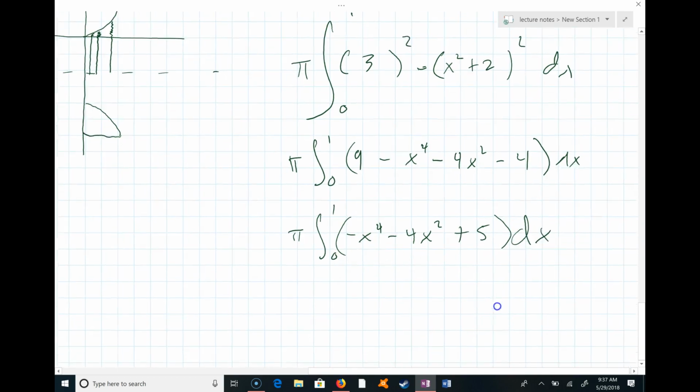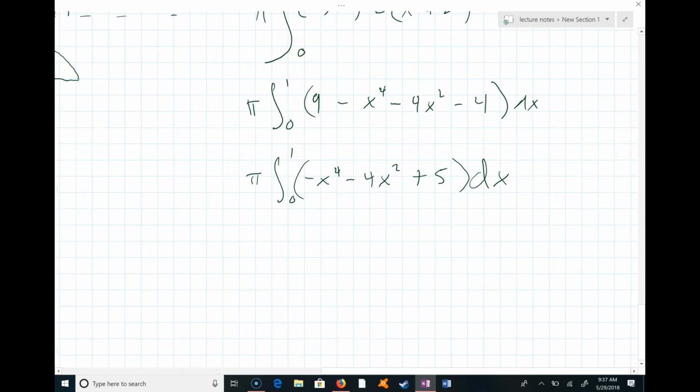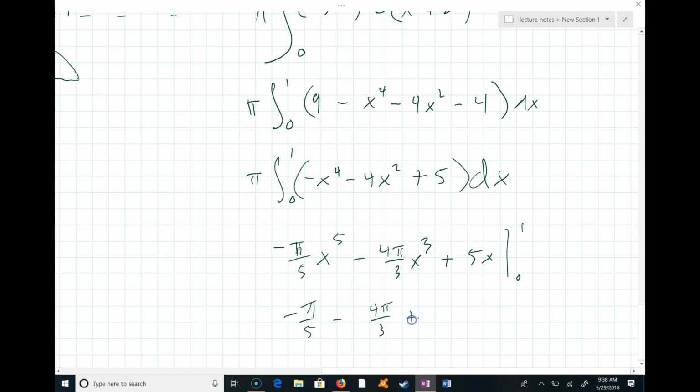times dx. Then when we integrate that, we get negative pi over 5 x to the 5th minus 4 pi over 3 x to the 3rd plus 5x, evaluated from 0 to 1. So then we get negative pi over 5 minus 4 pi over 3 plus, whoops, I left out the pi in that one, didn't I?